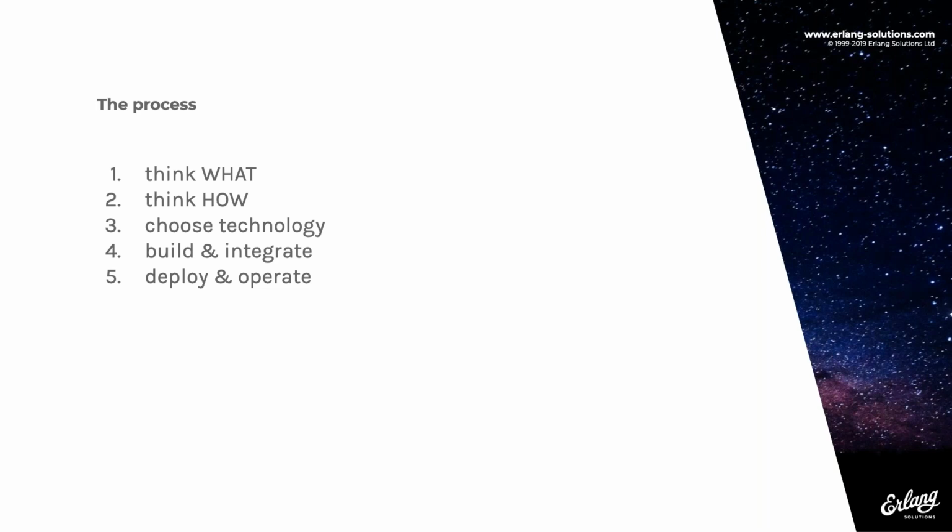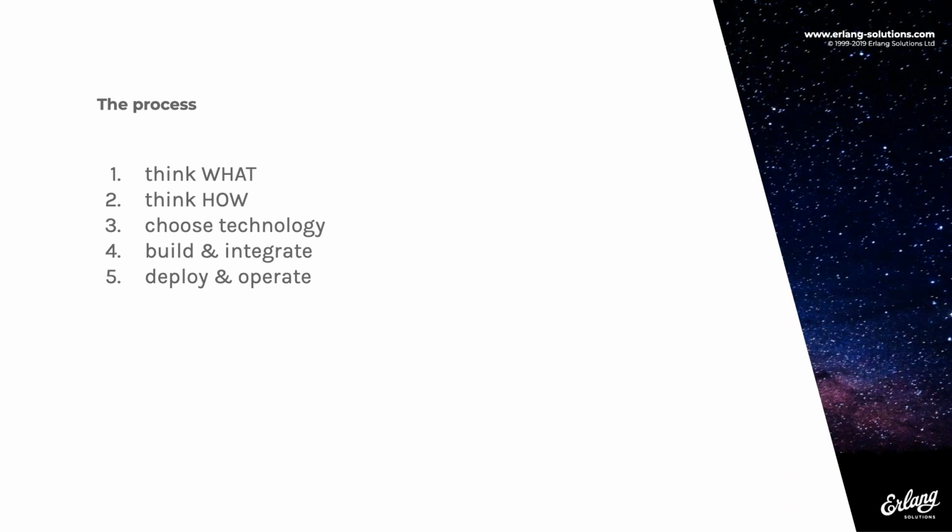So the structure of our presentation is this. We'll talk about how to approach the task of adding a chat feature to an application. Then we'll talk about how to choose technology. We'll try to give you some guidance on how you should proceed and what you should pay attention to when thinking about what to use for this.